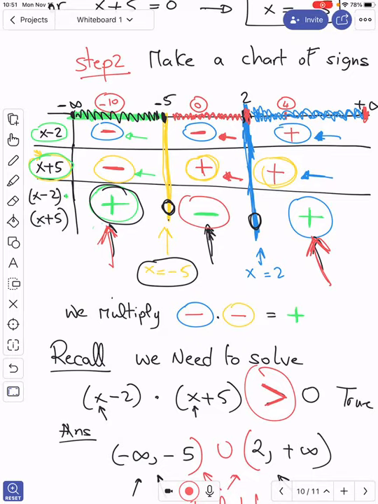No, rather than making a chart, you could say, if x equals -10, then -10 minus 2, something like that. Okay, you mean you just take values in each interval and see if the whole thing is positive or negative. Yeah, that's what you're saying.